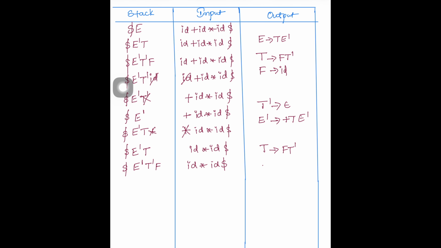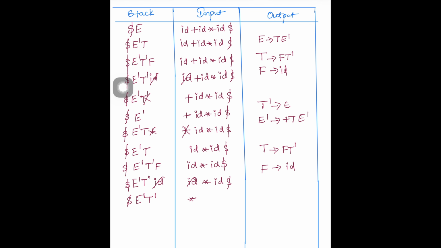Since the input is ID, we apply F produces ID. Again our stack is dollar E prime T prime ID, and ID gets cancelled. Again our input will be star ID dollar, with stack dollar E prime T prime.